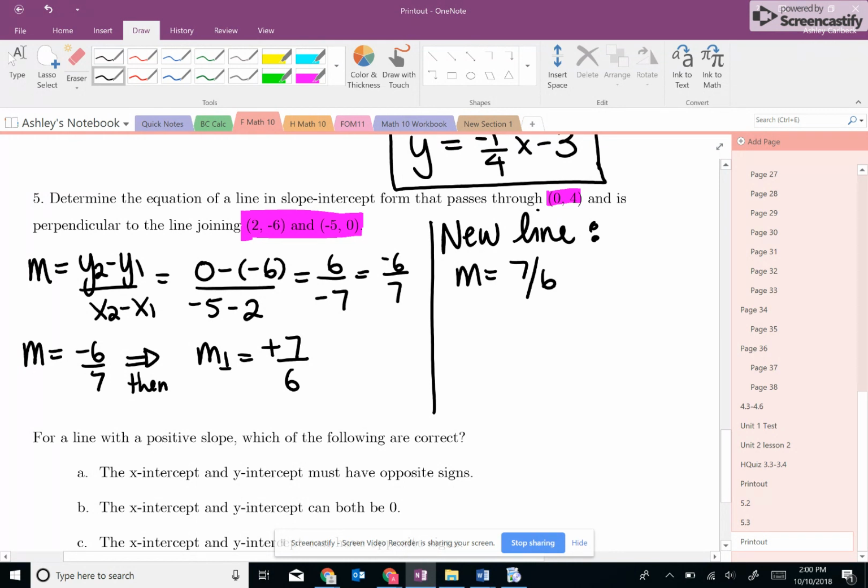I also know that it goes through this point (0, 4). Now, there's a few different ways you can do this. I'm looking at this and thinking, if x equals 0, then this is my y-intercept.